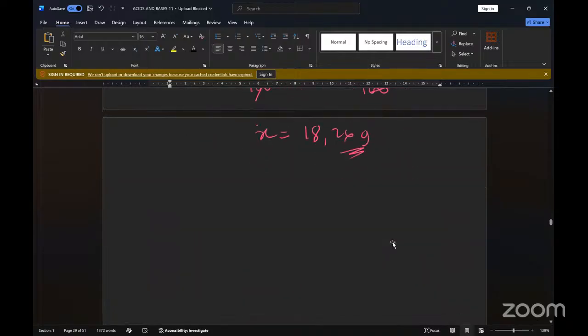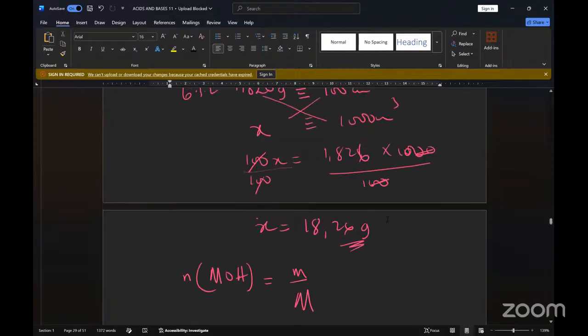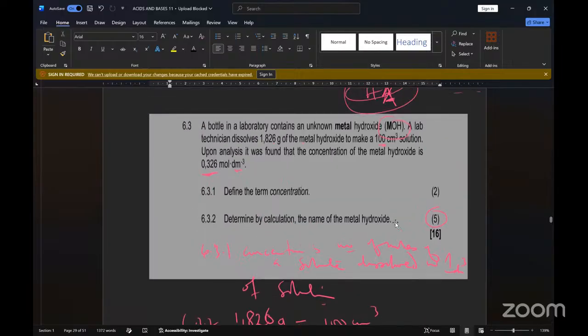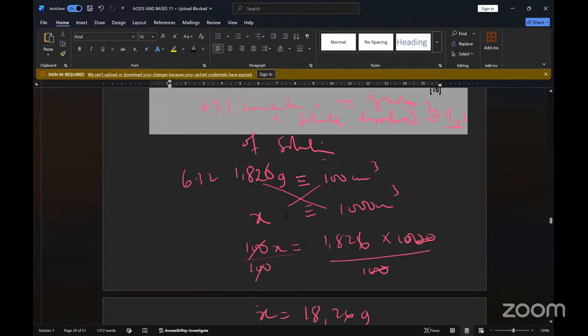So you will say the number of moles of MOH is equal to the mass over the molar mass, okay? So we have the number of moles as 0.326, because that's the number of moles in a DM cube.